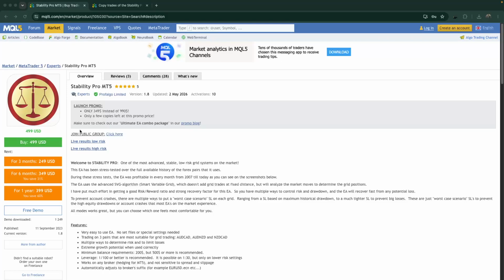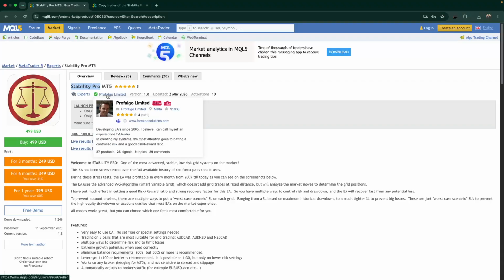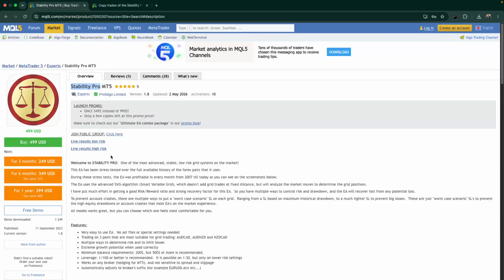Now we are talking about the Stability Pro, and it was developed by Profile Go Limited, which is a very popular name in the MQL5 community when it comes to building expert advisors. They have a 4-star rating out of 5 and 981 reviews. They're from Malta and they've been developing EAs since 2005. They have 27 products and signals.